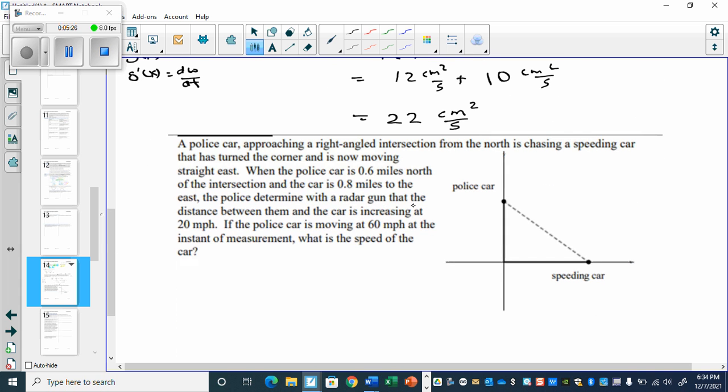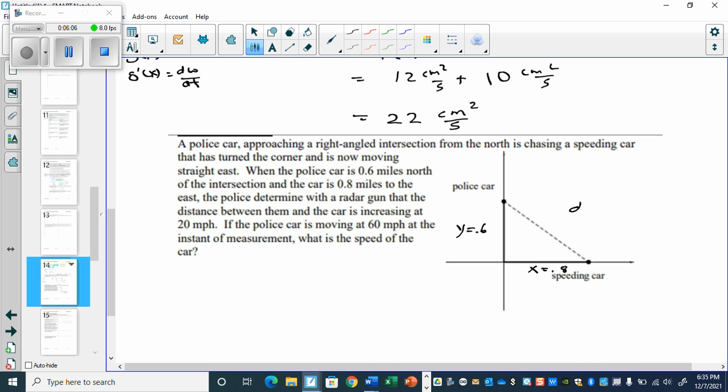Okay, next it says a police car approaching a right-angled intersection to the north is chasing a speeding car that has turned the corner and is now moving straight east. When the police car is 0.6 miles north, so y equals 0.6, and the car is 0.8 miles east, the police determine with a radar gun that the distance between them and the car is increasing at 20 miles per hour.